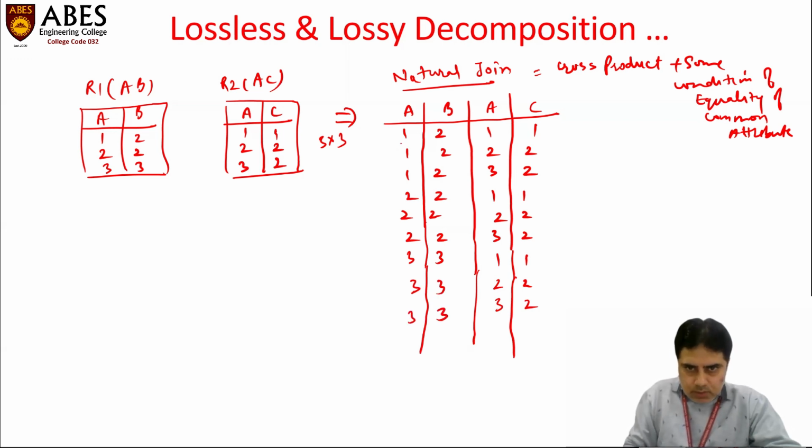Now check equality of the common attribute. 1, 1: yes, this is equal, this row will be selected. 1, 2, not selected. 1, 3, not selected. 2, 1, not selected. 2, 2, yes, this row will be selected. 2, 3, not selected. 3, 1, not selected. 3, 2, not selected. 3, 3, that will be selected.